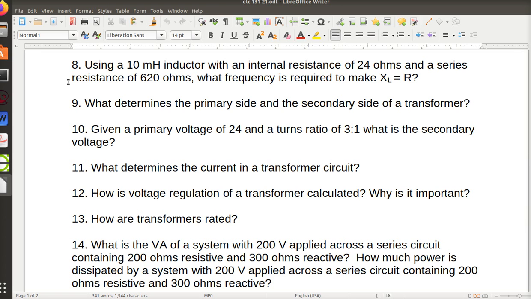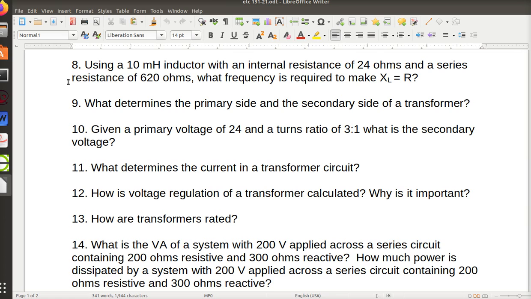The secondary side of the transformer can either come off the high voltage or the low voltage windings, and it is actually the load. So the load on the transformer determines whether or not it's the secondary. You can't look at the transformer and say, oh, this is the primary, that's the secondary. No, it has to go by how you connect it.